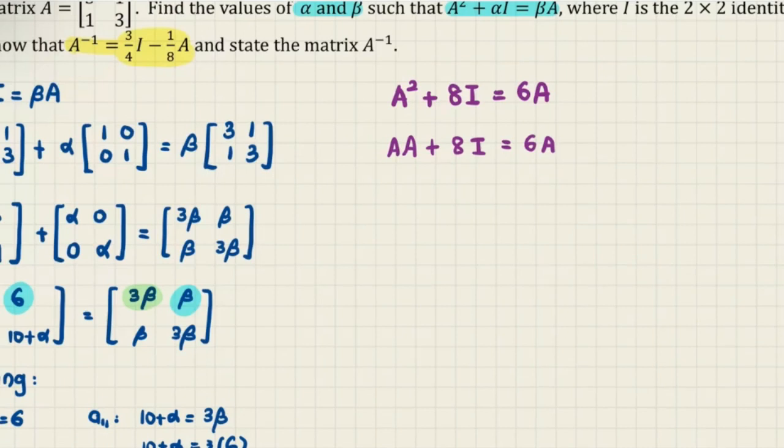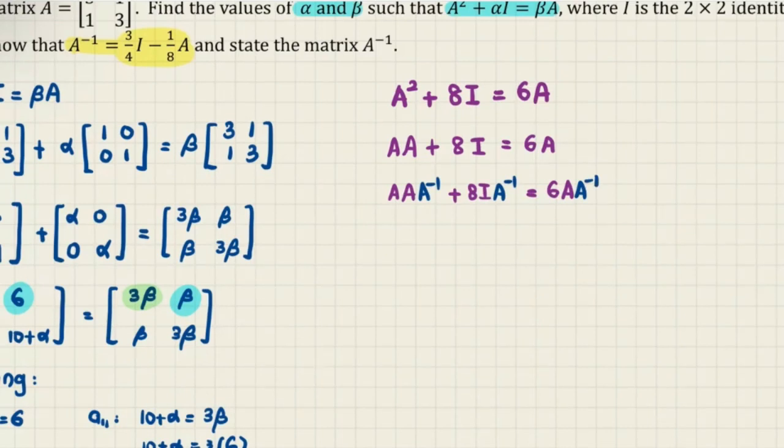So nak munculkan A inverse, the whole operation here will be multiplied by A inverse. So saya nak darabkan dekat depan ke dekat belakang. Tapi kita akan darabkan dekat belakang lah sebab sini lagi senang lah. Okay. So every term kita akan darabkan dekat bahagian belakang. So A multiplied by A inverse plus 8I multiplied by A inverse equals to 6A multiplied by A inverse.